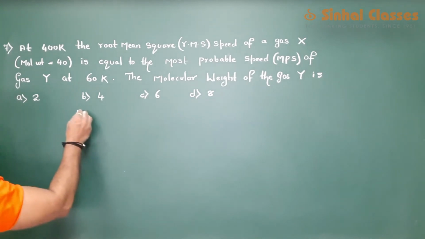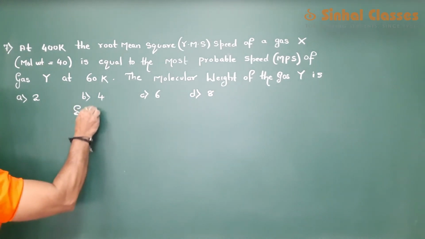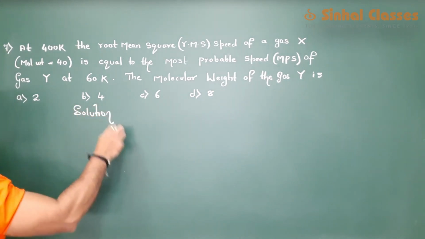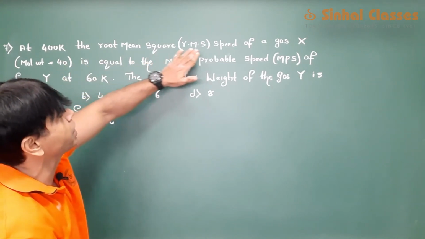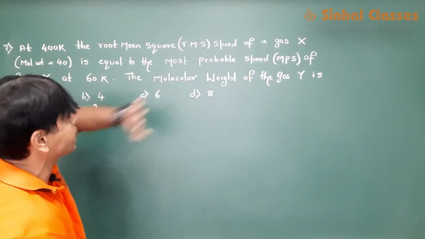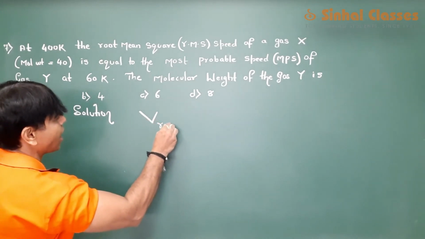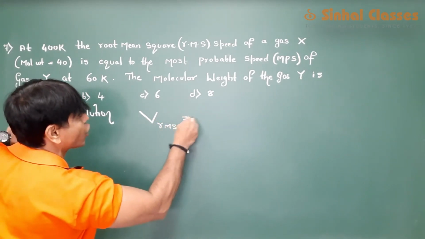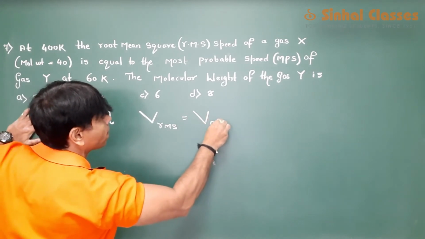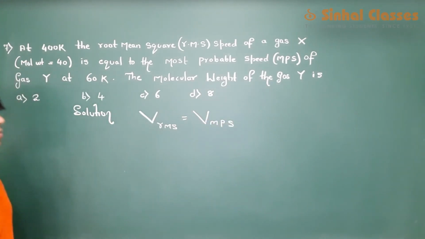Now they are saying that the root mean square speed and MPS are equal. That means RMS is equal to MPS.